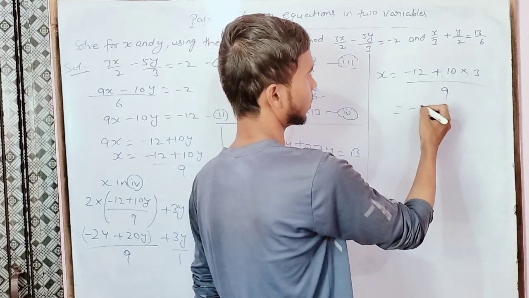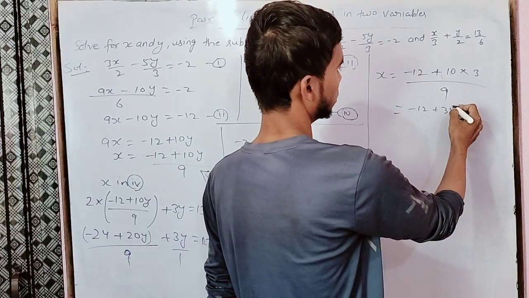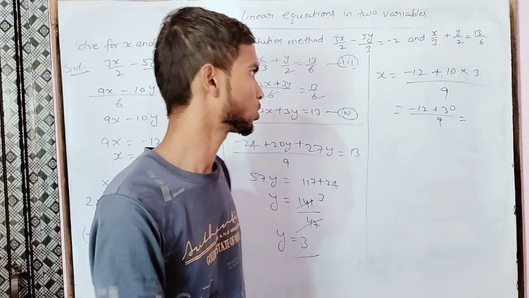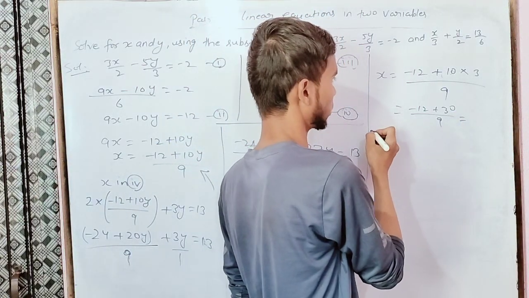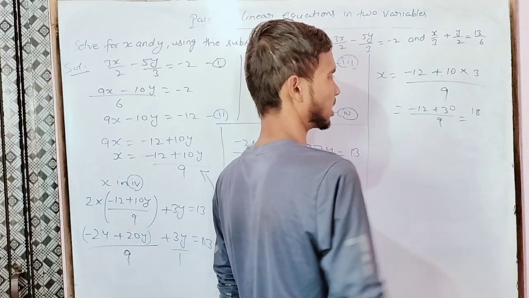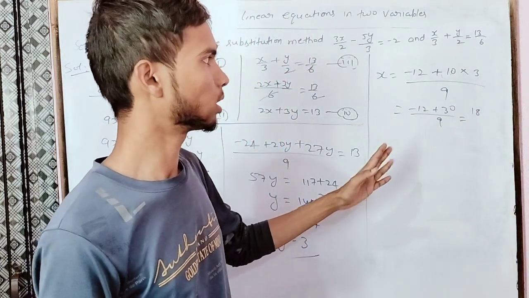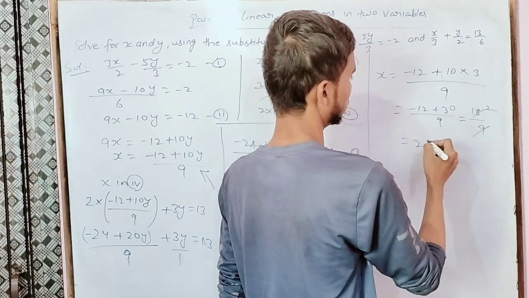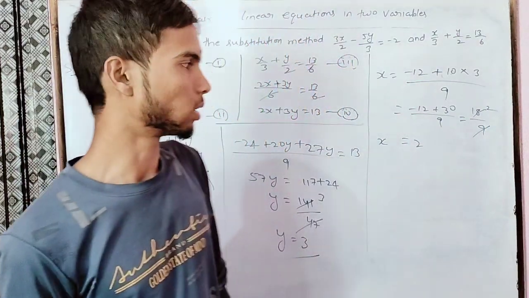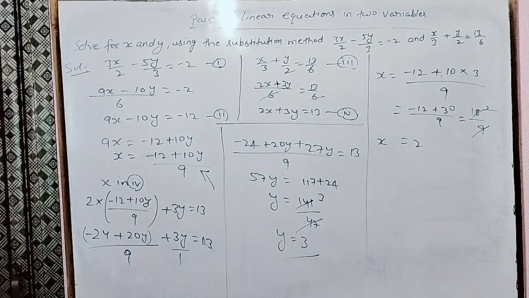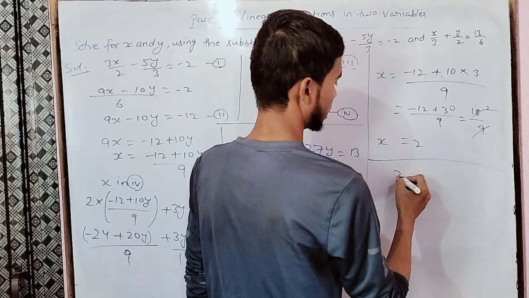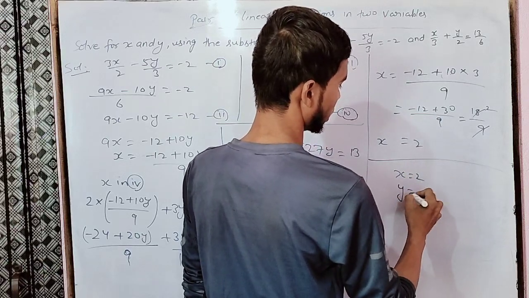Okay, minus 12, so 30 upon 9. So 30 minus 12 is 18. 9 times 2 is 18, so x is 2. Okay, x is 2. So finally we can say x came as 2, y came as 3.